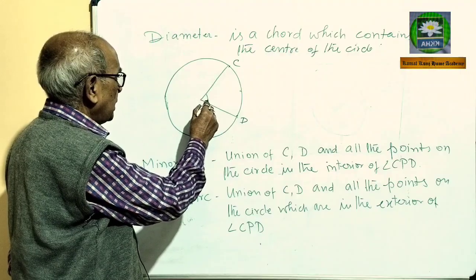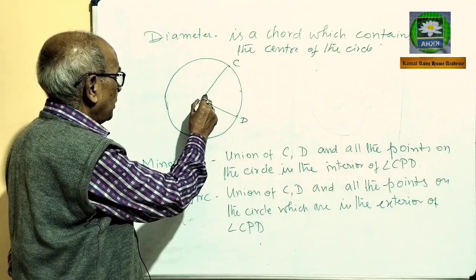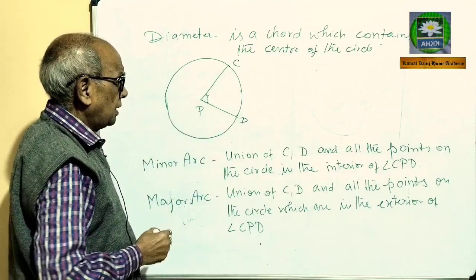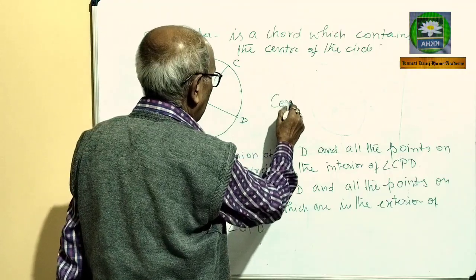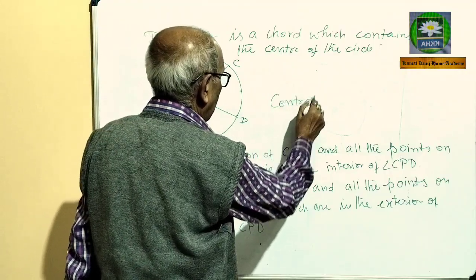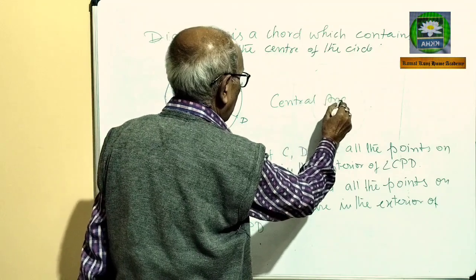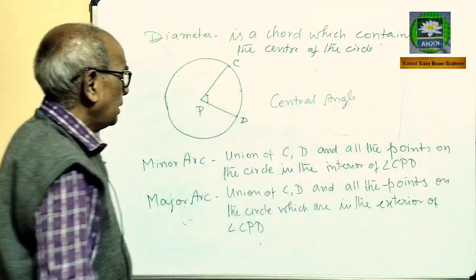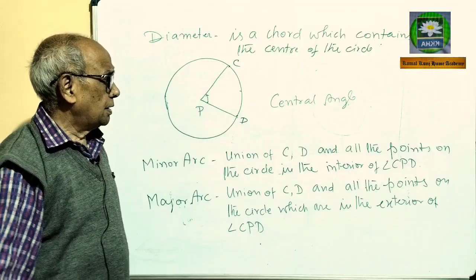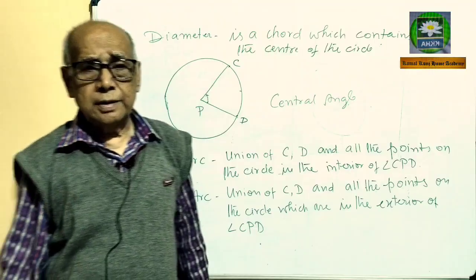The angle subtended at the center by an arc is called the central angle.